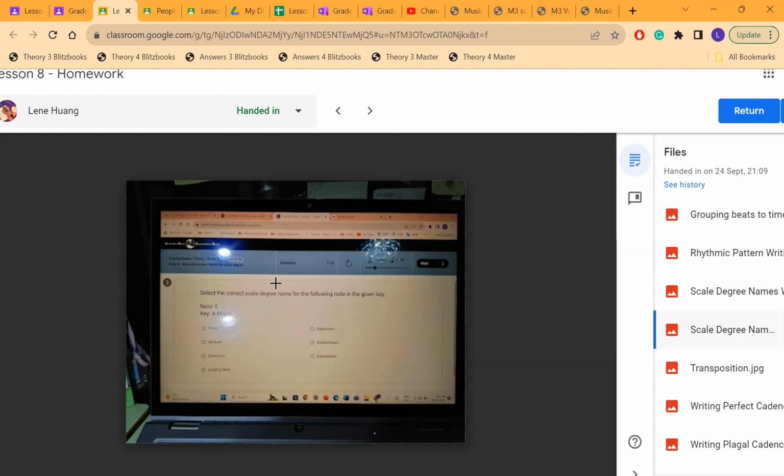So E is the 5th note of A major. It's simply the dominant. Did you get that correct? Or were you just confused? Okay. It's simple. Just count. Know your scales. You need to know your key signatures, and then count up. If you know your scales really, really well, actually no, you're supposed to know your scales. You need to think.